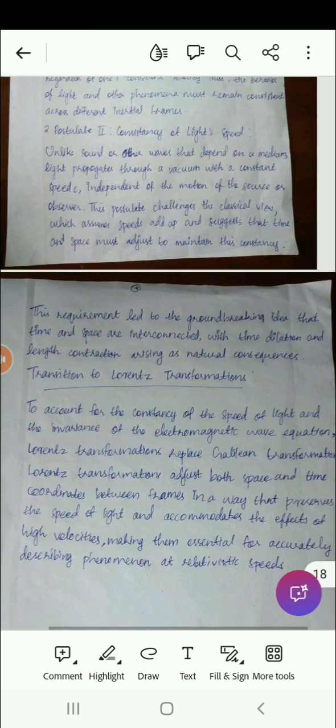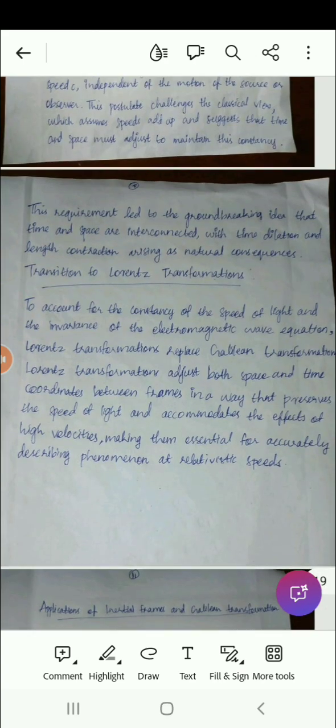So, Einstein, in his special theory of relativity, said that the speed of light has to be constant in all inertial frames of reference, so that in order to make up for this velocity of light, time and space have to adjust to maintain this constancy.